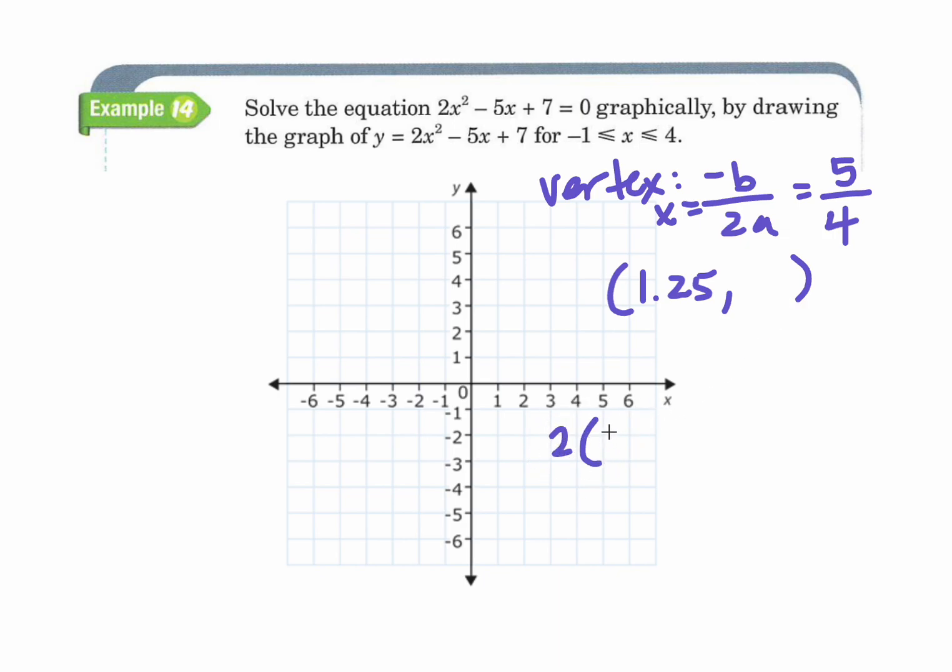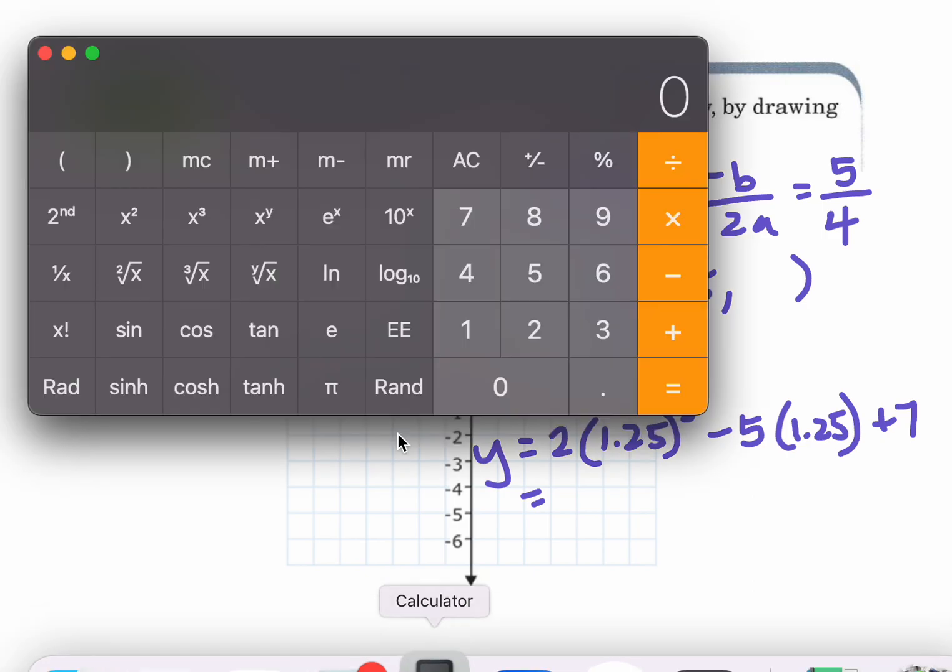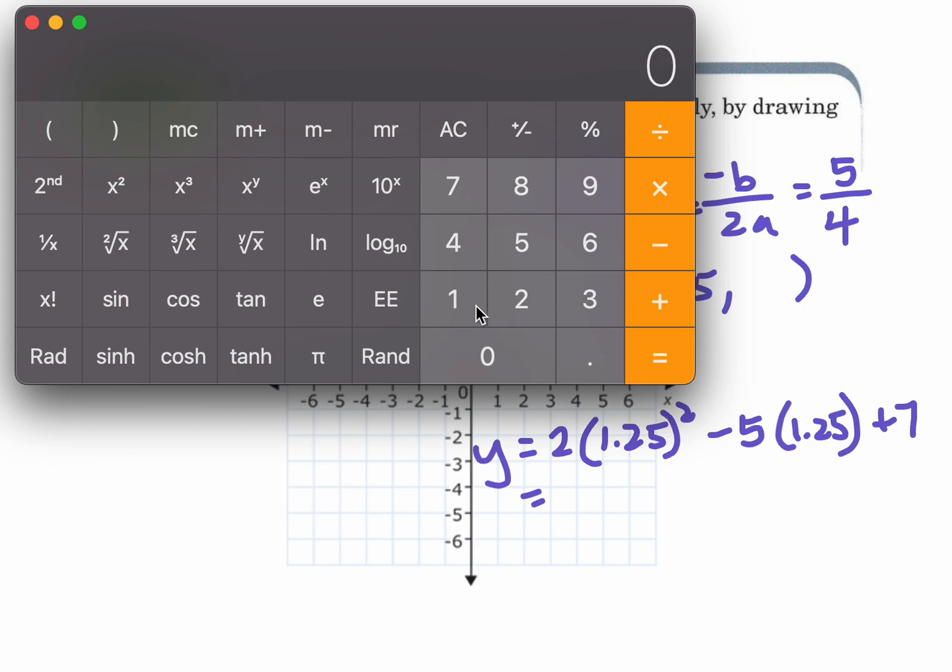So 2 times 1.25 squared, right? Because I'm just going to put that 1.25 back up here for the x value, minus 5 times 1.25 plus 7. Okay, now I need my calculator. So I have 1.25 times 1.25 times 2.